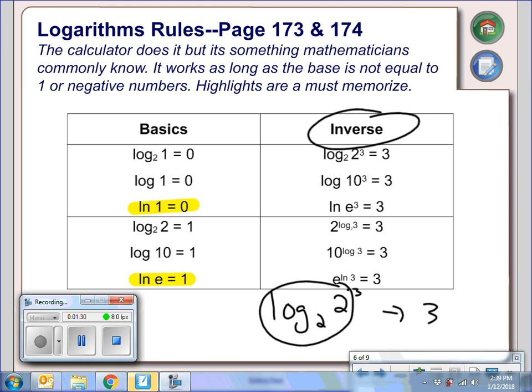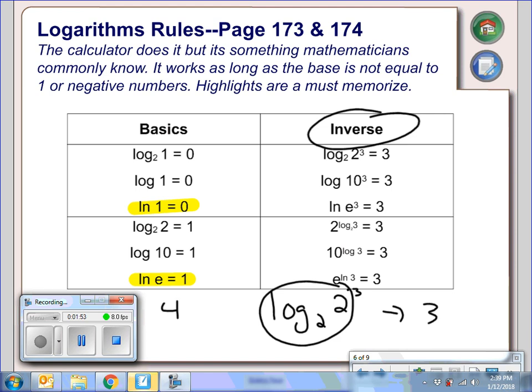Now, this also works in reverse, meaning I can change something to have the same base and argument and raise it to a power. And in essence, that helps me sometimes solve logarithmic problems by putting in what I need it to be. So let's say, for example, a different number. Let's say I saw 4.